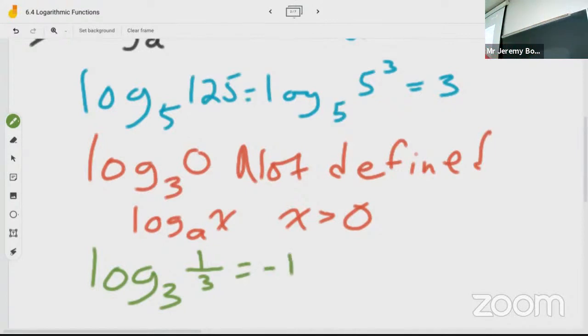Basically all those rules you learned from exponential functions apply for logarithms. There are a lot more properties we could go over, but this is about as far as we're going to go.